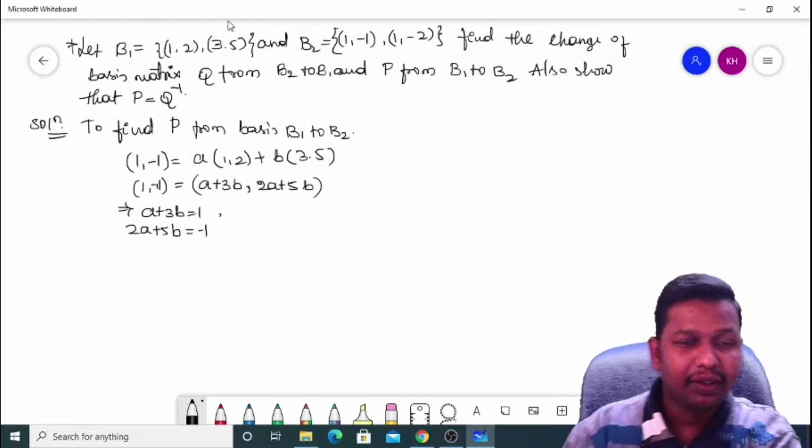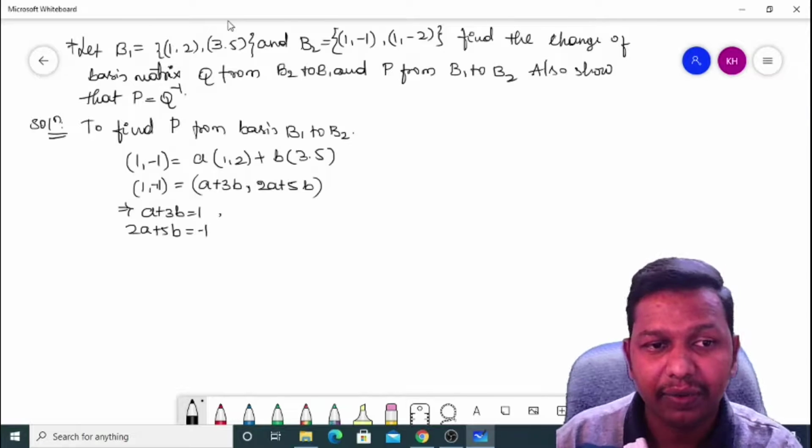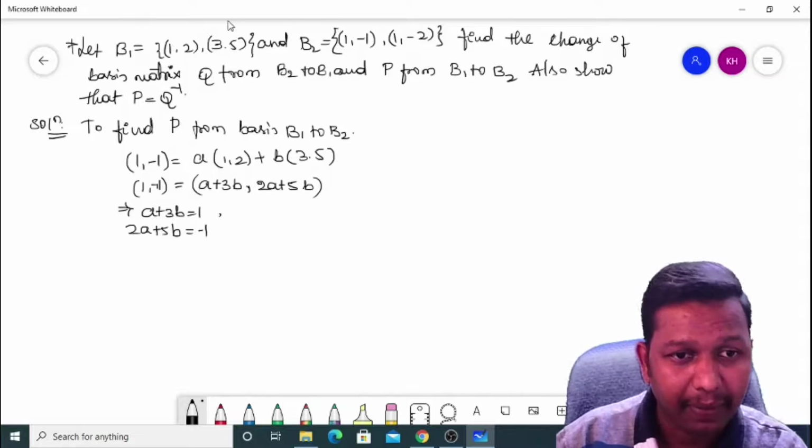Now we have to simplify these two equations to find the values of A and B.